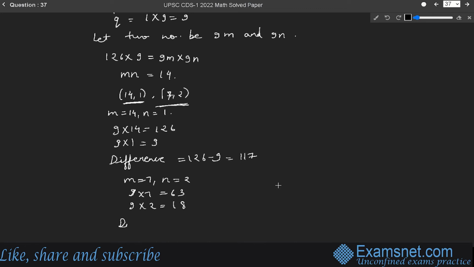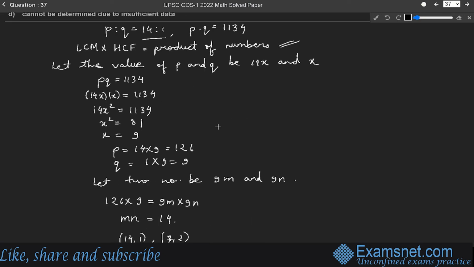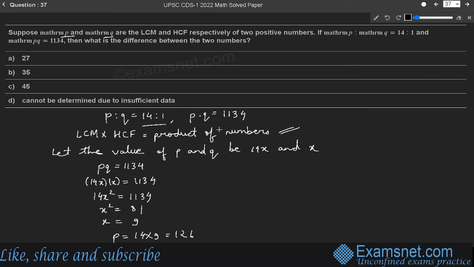Now the difference of these numbers will be 63 minus 18, which gives 45. So this is the required difference for this question. So the correct option for this question will be option number C, which is 45.